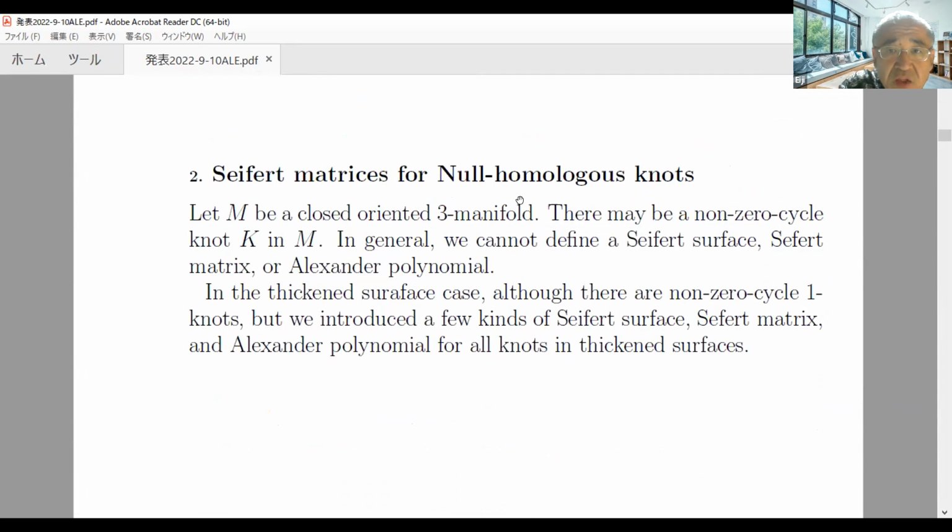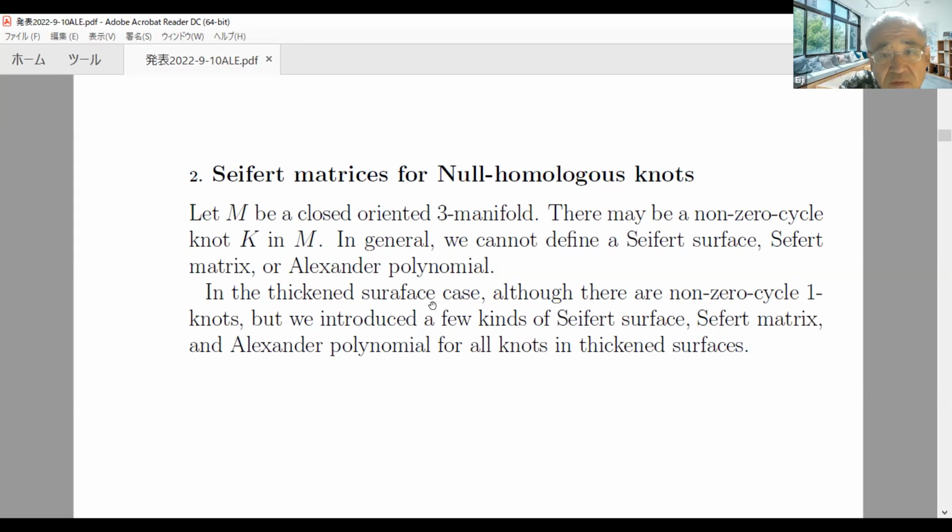Seifert matrices for null homologous knots. Let M be a closed oriented three-manifold. There may be a non-zero cycle knot K in M. In general, we cannot define a Seifert surface, Seifert matrix, or Alexander polynomial.